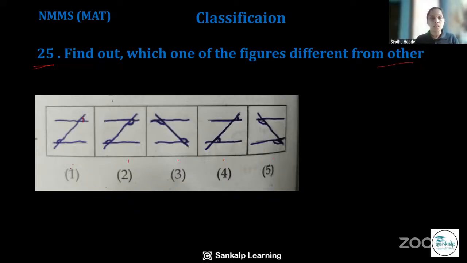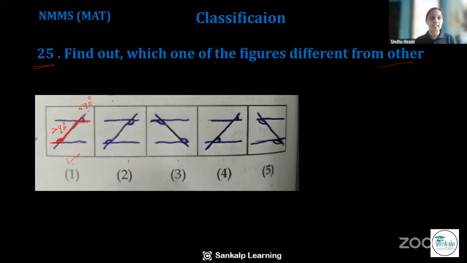In image 1, one angle is formed here and another one is here. This is not 90 degrees. This one is less than 90 degrees. But this angle formed here is above 90 degrees, greater than 90. So one is less than 90 degrees and another one is greater.